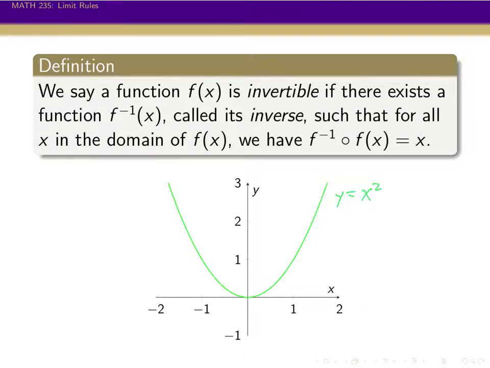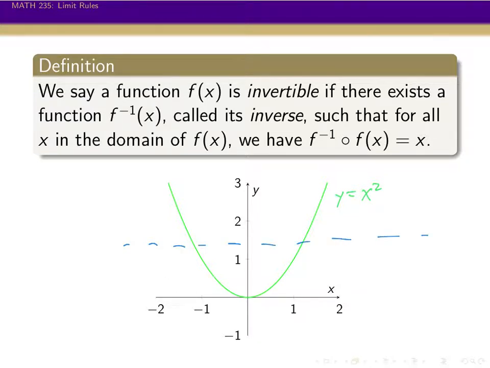So remember that for f itself to be a function, that's talking about the vertical line test, that if we took vertical lines, they're only going to pass through the function at most once at any point. If we want it to be invertible, that means that we need to be able to swap the x and the y values and still get a function, right? Well, that's thinking about what's called the horizontal line test.